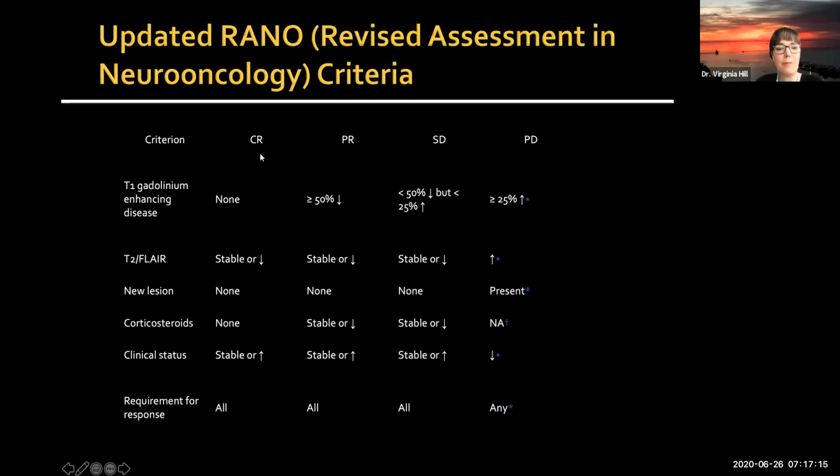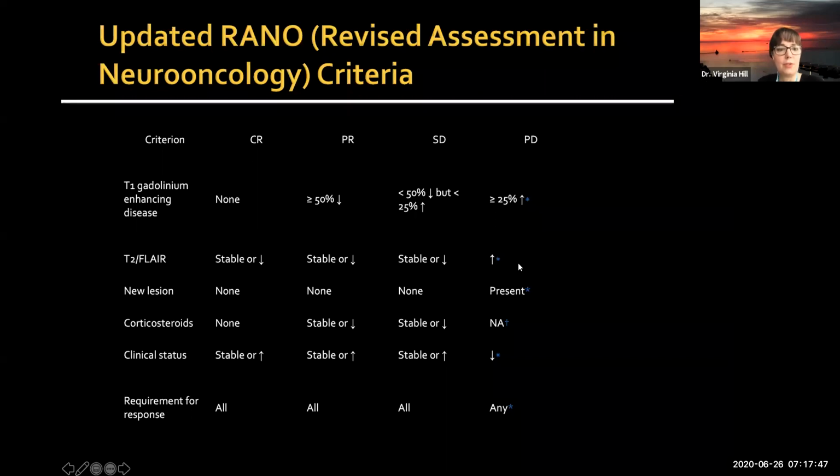So we have these categories of complete response, partial response, stable disease, or progression of disease. So for progression of disease, any one of these categories, if it's positive, will indicate progression of disease. So if you measure the enhancing tumor in 2 dimensions, so not 3 dimensions, but 2, such as on an axial image, for example, and the area is increasing by 25% or greater, that would indicate progression.